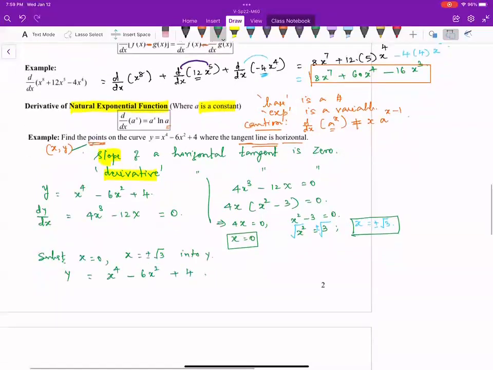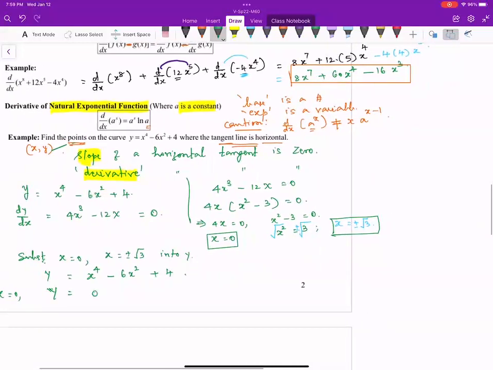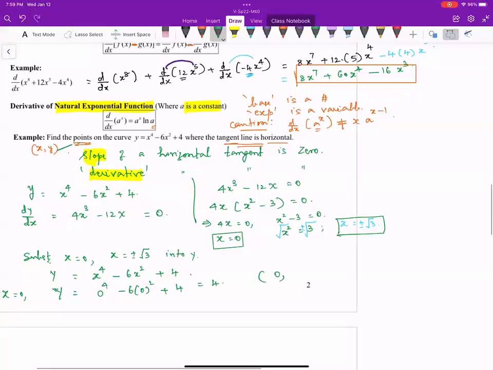If we plug in 0 for x, I get y equal to 0 to the power 4 minus 6 times 0 squared plus 4, which is just 4. So if I combine the pair x comma y, the first point where the horizontal tangent occurs is 0, 4.